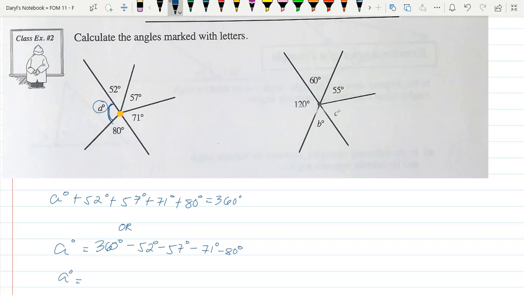So that should lead you to an answer of 100 degrees.